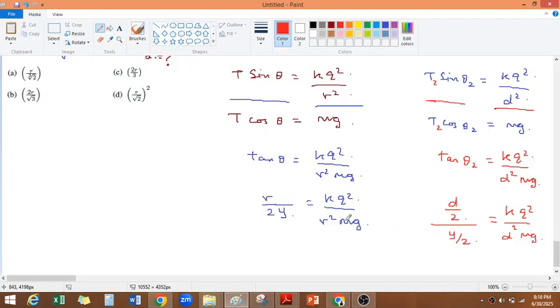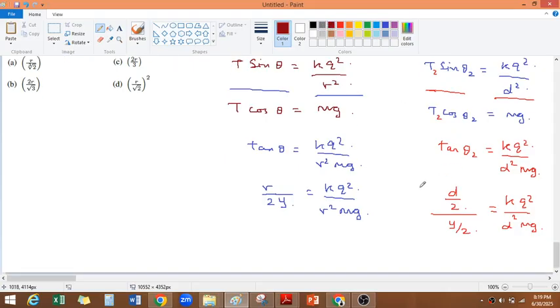So somehow I have to connect this and this so that I can find d in terms of r. Okay, so how can I do that? I have to find d in terms of r, you see. All the other things will go away. Any idea what I can do? Of course, I can cancel the 2, d by y.